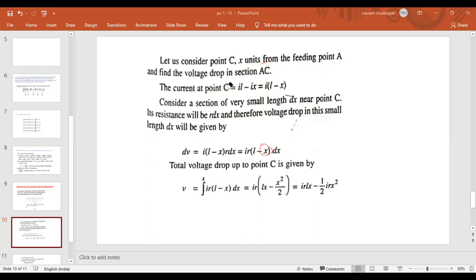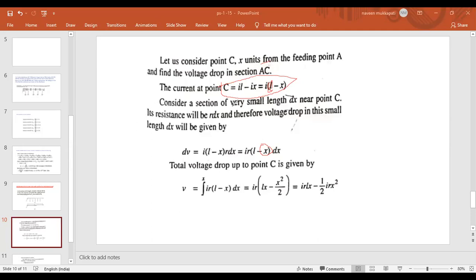Taking I common, that is I into L minus X. This is the current at point C.